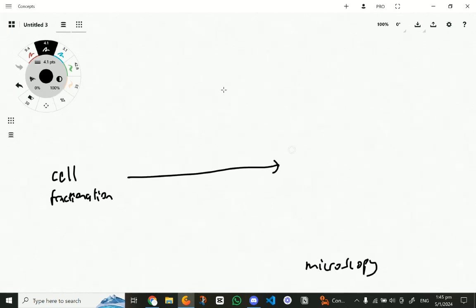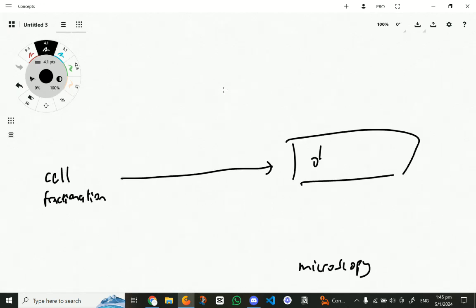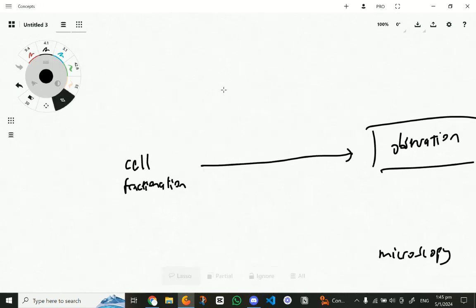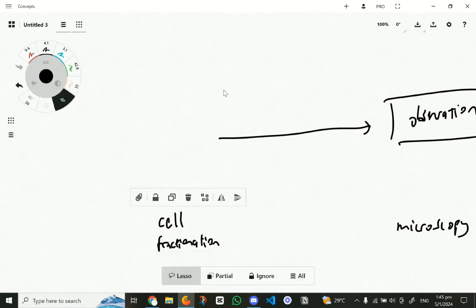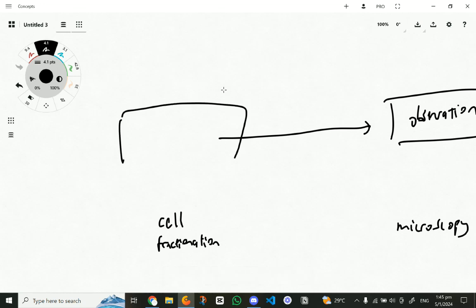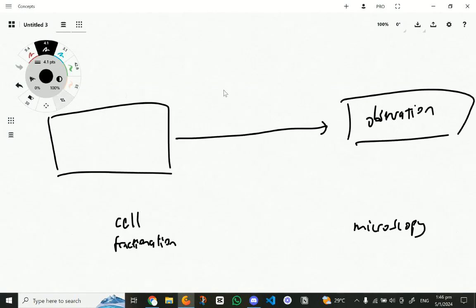So I'm keen to just put it as like observation, and now I'm trying to think of a word to put here that's intuitive, like detection, observation, that doesn't make sense.